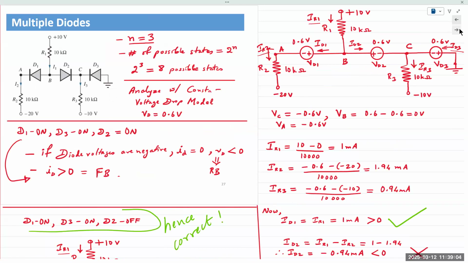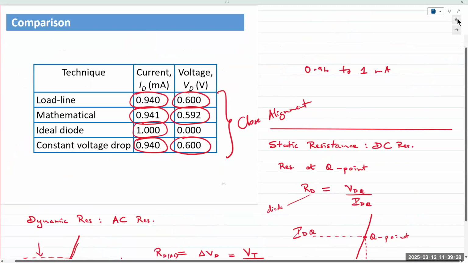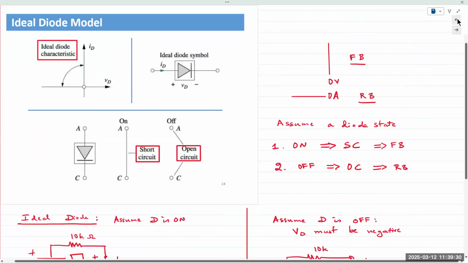If even one of the diode voltages is incorrect, then we have to go back and change the entire assumption. In ideal diode analysis, if we assume the diode is on, then the voltage drop across the anode and cathode must be 0 volts, and the current must be in the forward direction.